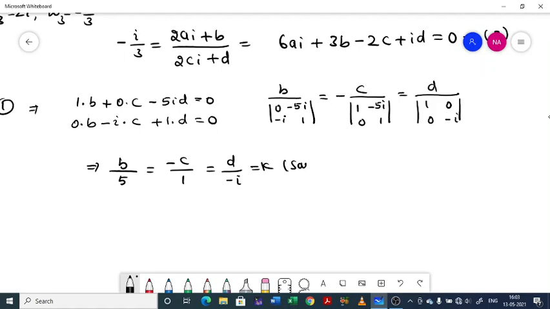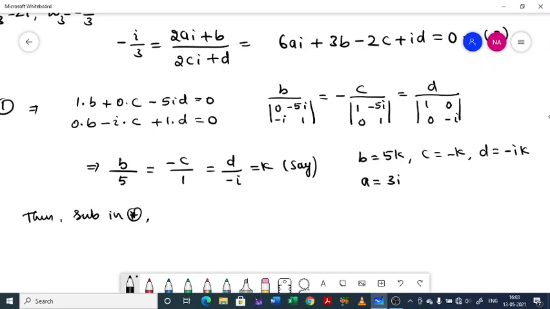So that we will be having b equal to 5k, c equal to minus k, and d equal to minus ik. And substituting these values in equation 3, you can check that a will be 3i. Actually it will be minus 3 divided by i, multiplying i divided by i, we will be getting 3i.